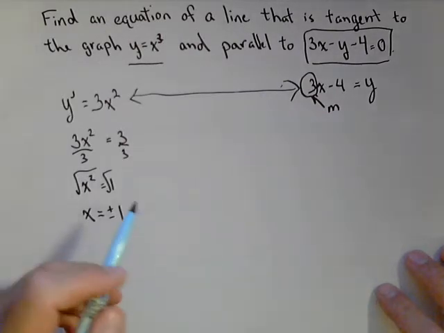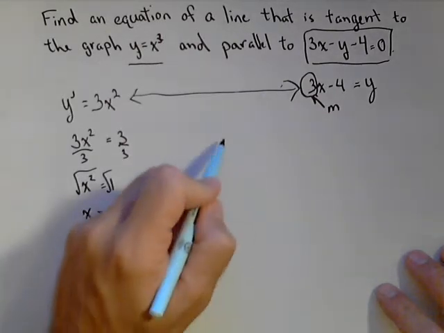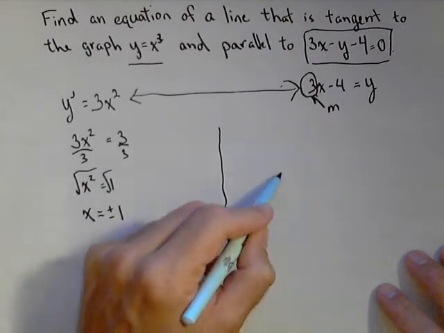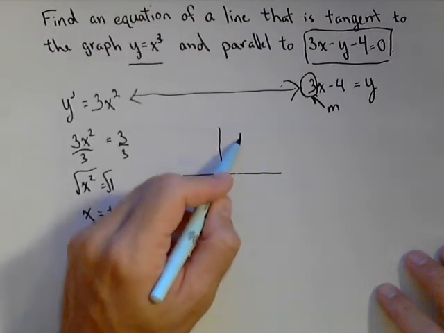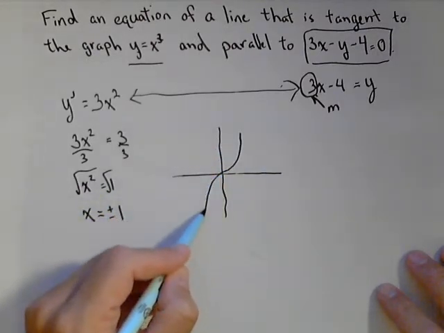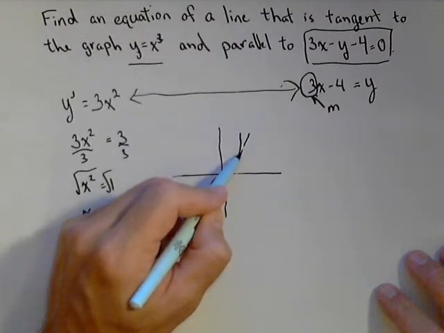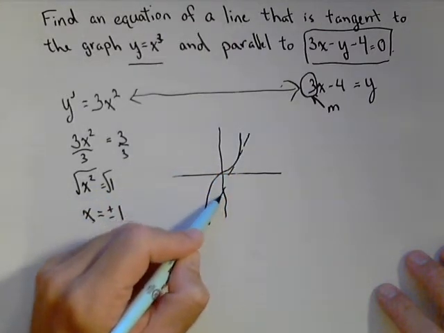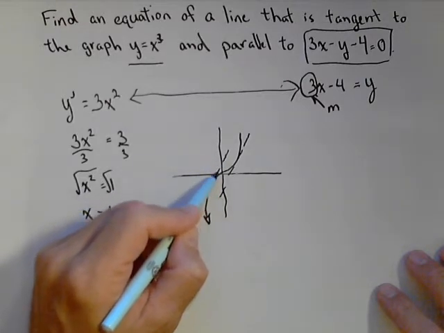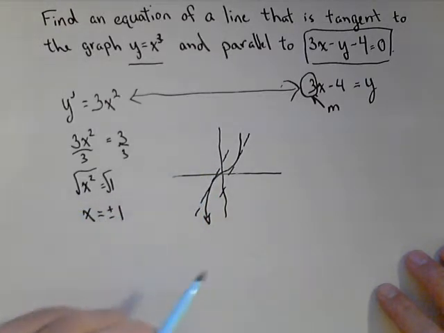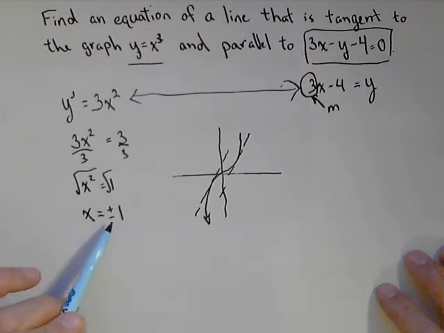So if we want to take a look at what's going on here, let's put in our graph of y equals x cubed. Bear with me, this is a hand-drawn graph. So we're having one tangent line here, and we're having another one over here. So we're actually going to have two answers to this problem.